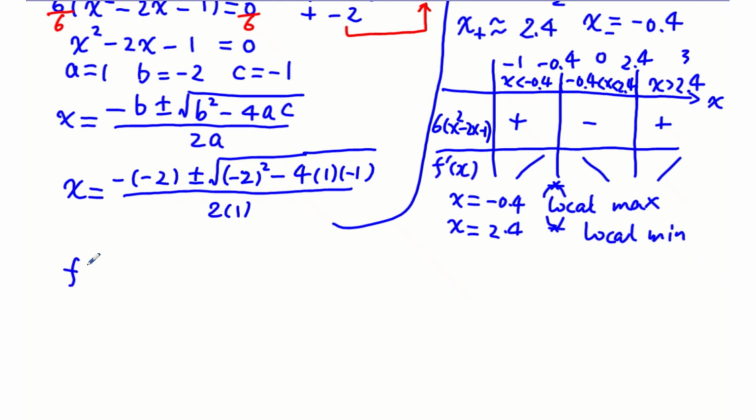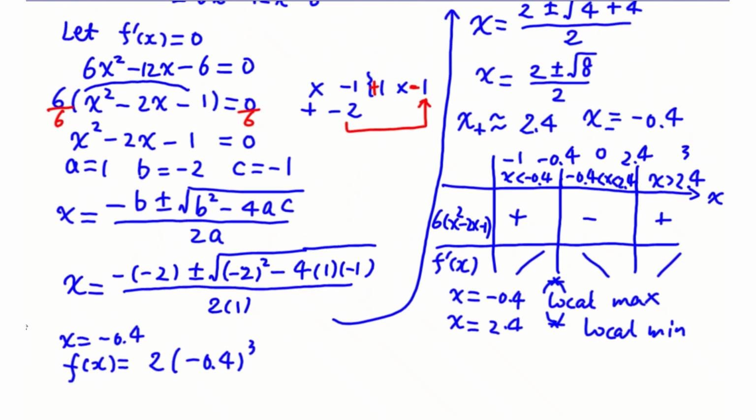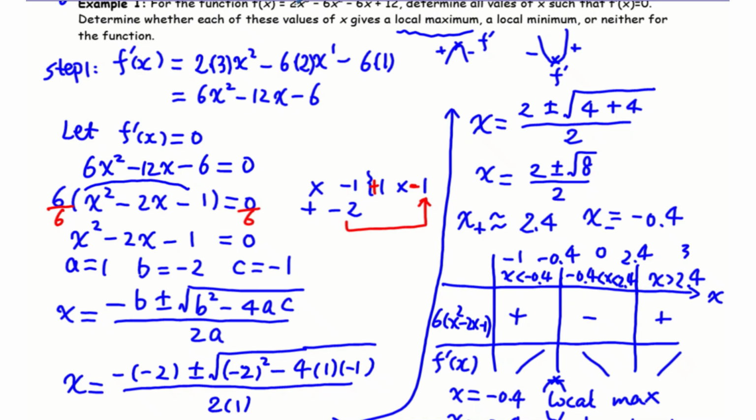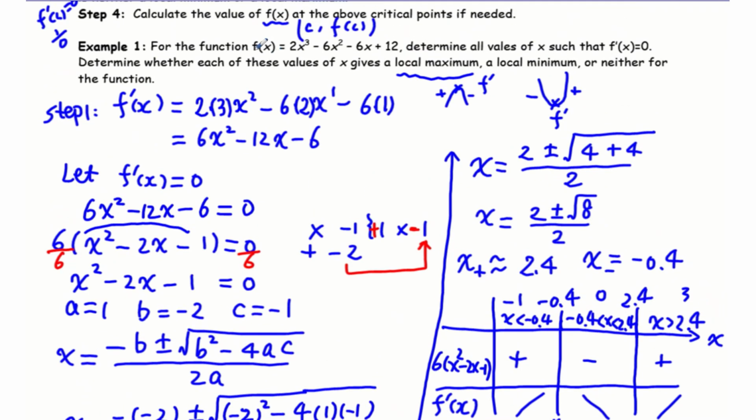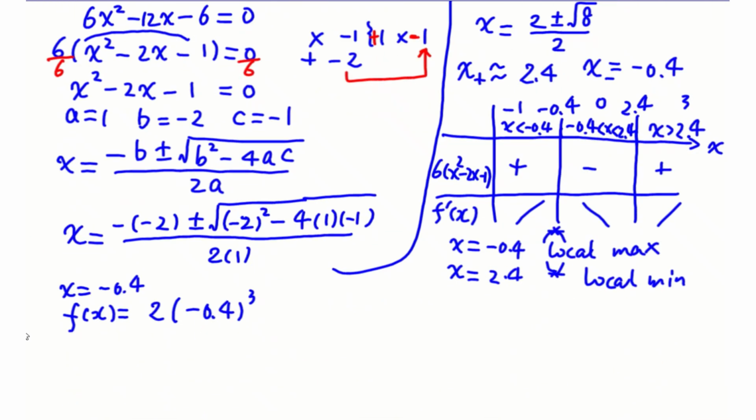So f of x, when x equals negative 0.4, we have 2 times negative 0.4 cubed. So we substitute it into the original function f of x, then minus 6 times negative 0.4 squared, minus 6 times negative 0.4, then plus 12.